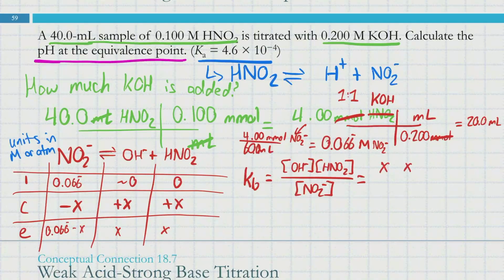So we get x times x over, kind of looks like a face, 0.066 repeating minus x, is equal to Kb. We have Ka, so we can find Kb. So Ka times Kb equals Kw.